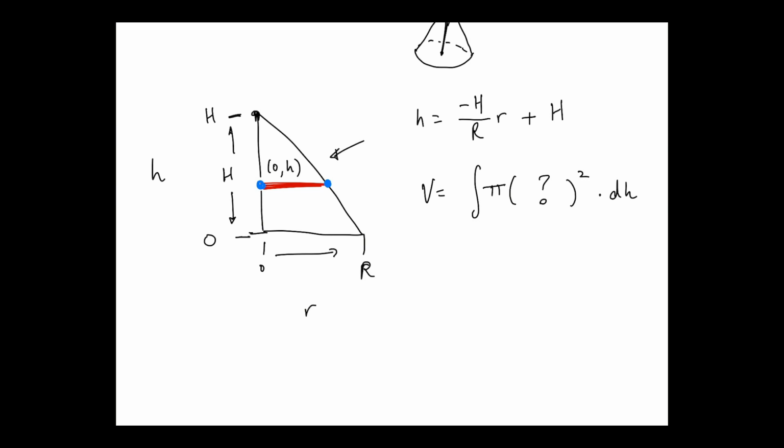Okay, so we need to figure out what the coordinates are for the second point. Well, I could just say it's that, right? Okay, that's certainly true. But what's the horizontal distance between those two points?